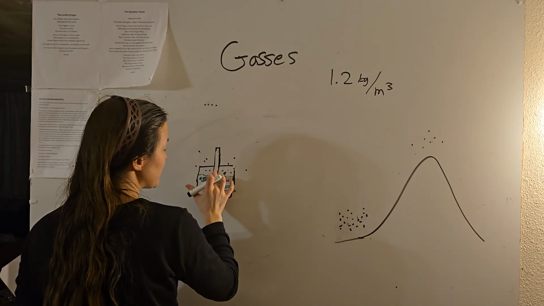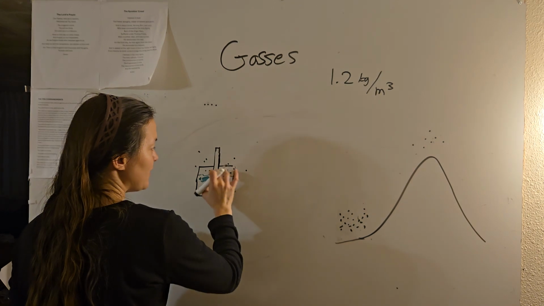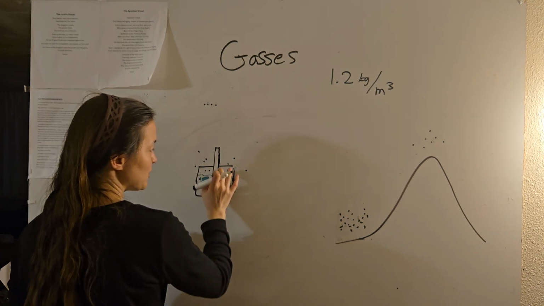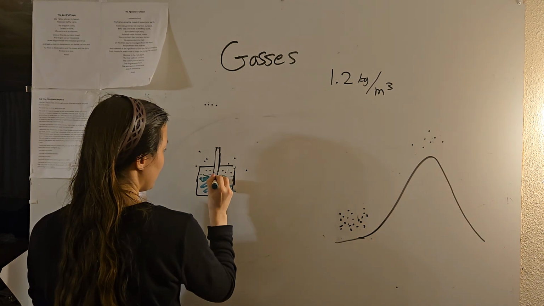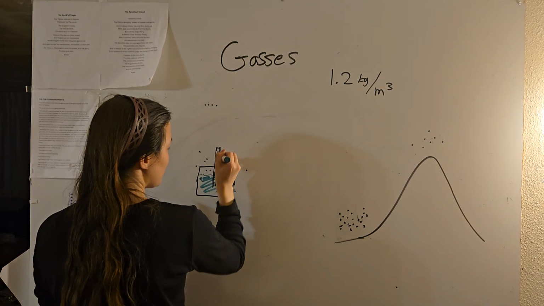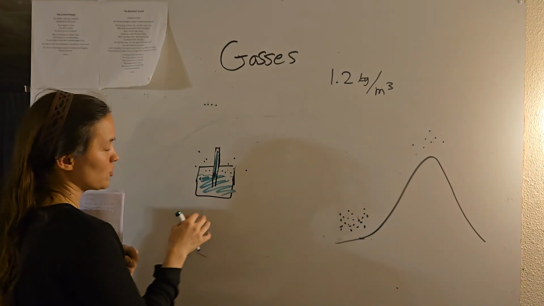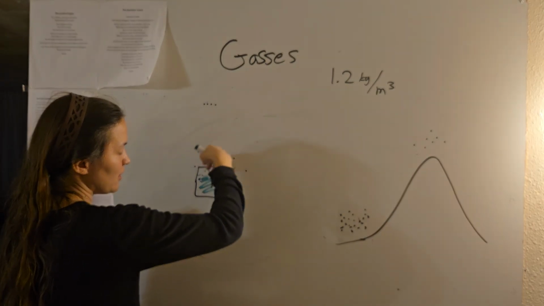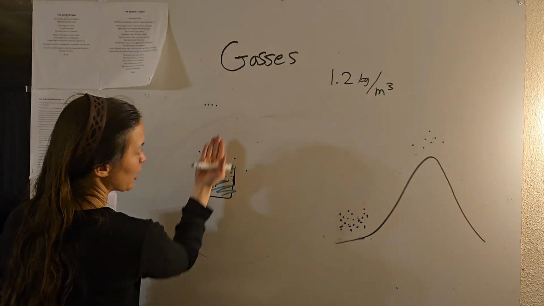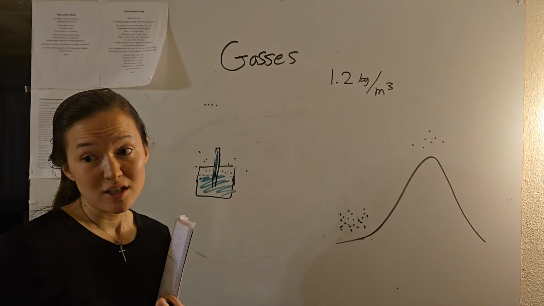When you suck those air molecules out and create a vacuum in your straw, the air molecules outside are still pushing. So what happens when they're pushing here and nothing's pushing here? The liquid goes up to your mouth. So when you're sucking from a straw, you're creating a little vacuum, and the air pressure is pushing the liquid up into your mouth.